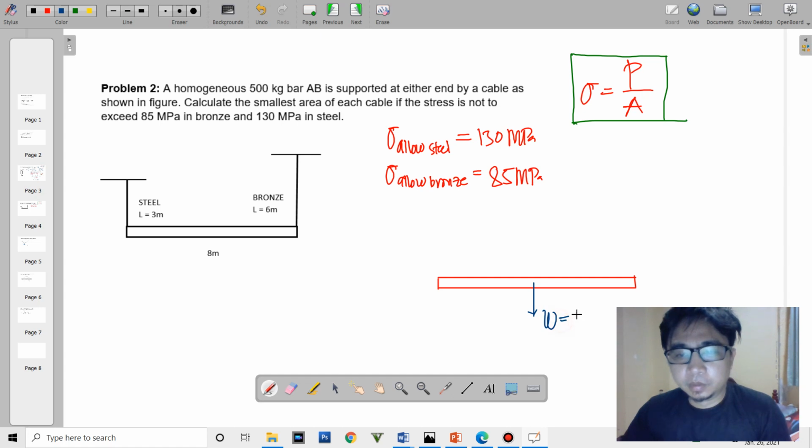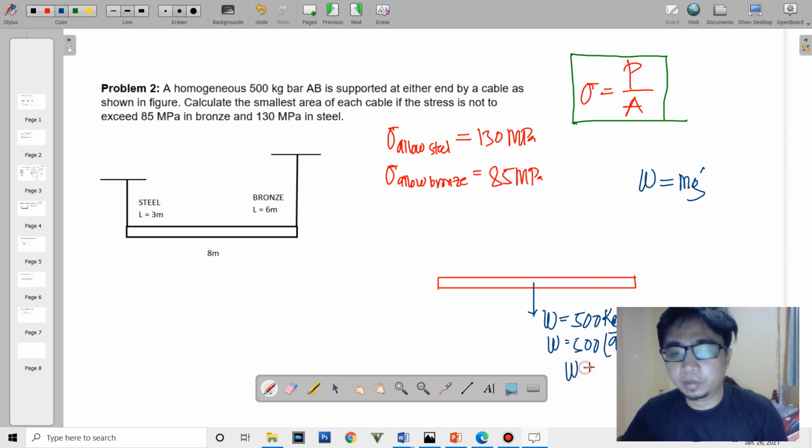Say W is equal to 500 kilogram. Remember that W is mg, where g is acceleration due to gravity. So we need to multiply this by 9.81 to come up with the weight force here, and that will be equal to 4,905 newton.